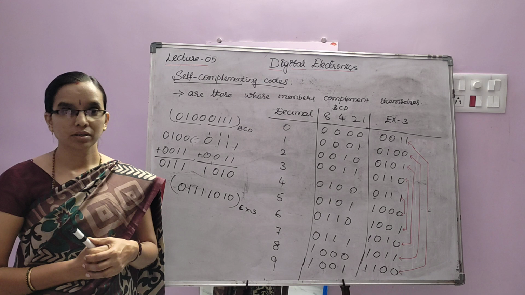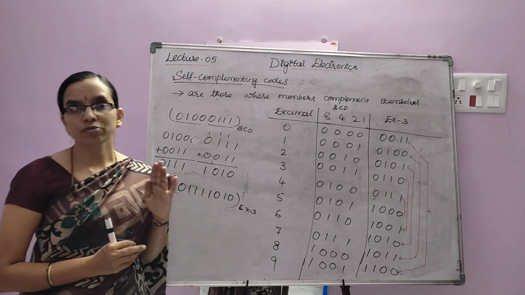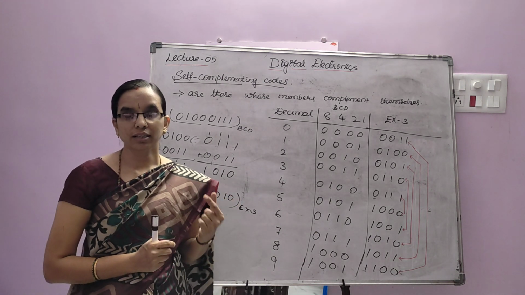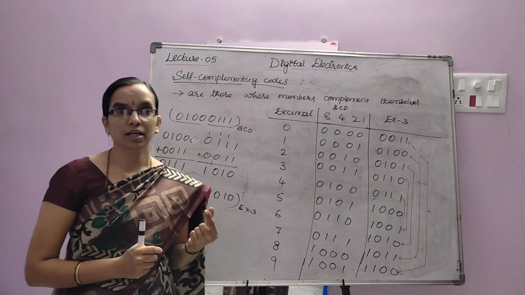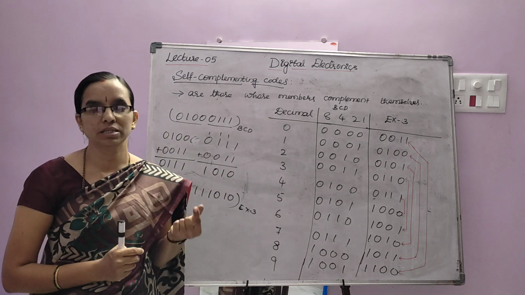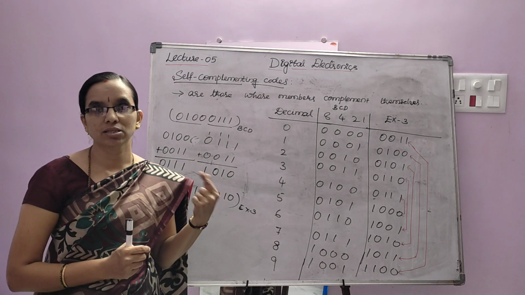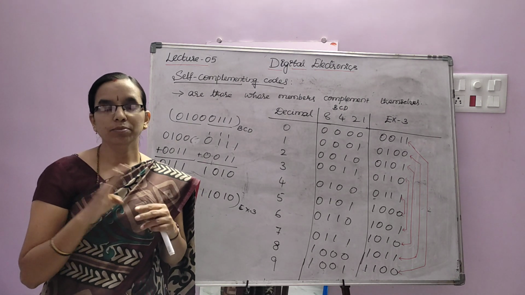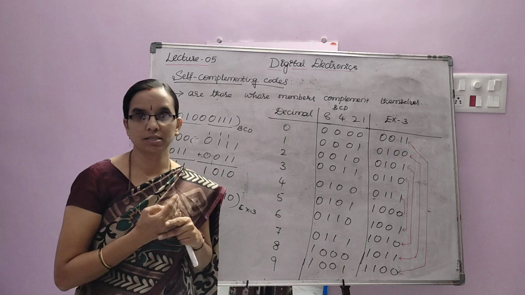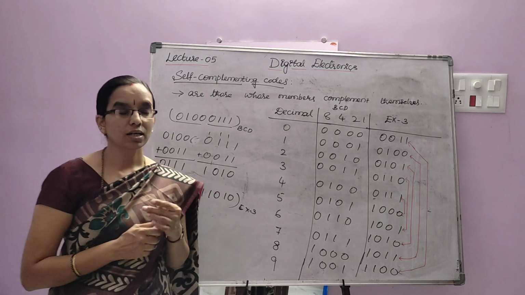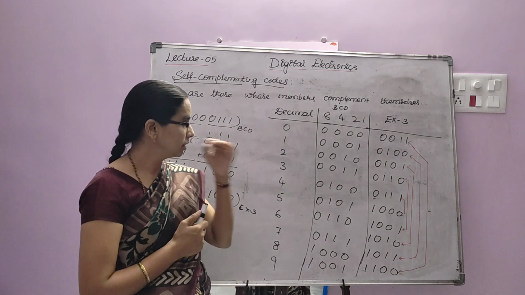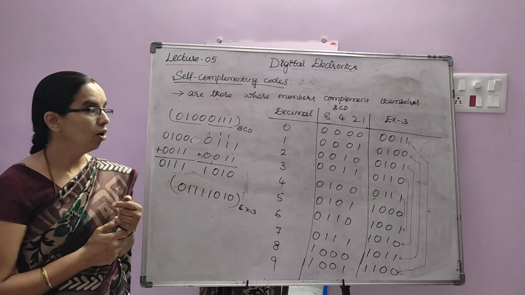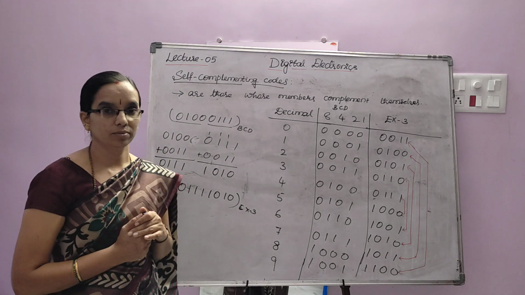Then you will get the excess 3 equivalent of the given decimal number. So here there is no question of binary conversion, only direct conversion of BCD to decimal, decimal to BCD and decimal to excess 3. In excess 3 also each code word will be represented using 4 bits. It is a self-complementing code and it is a non-weighted code.